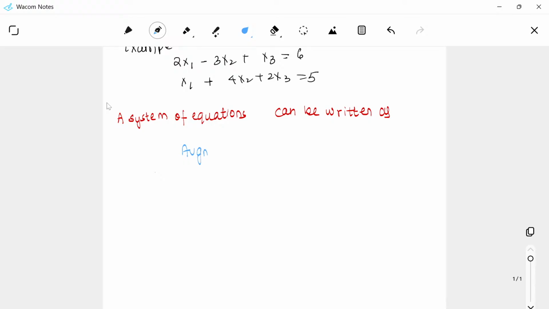an augmented matrix, a coefficient matrix and an RHS vector.